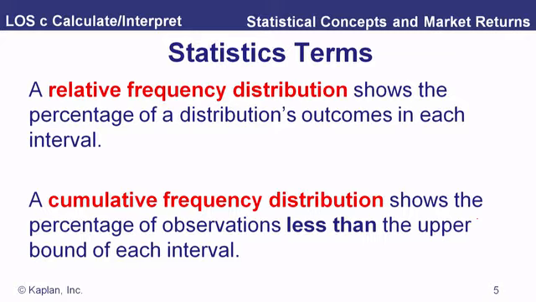So that's a relative frequency distribution, and from that we can also get a cumulative frequency distribution. Now this shows the percentage of observations less than the upper bound of each interval. So it's the percentage of observations that are in that interval or any lower interval. And that's the cumulative part of it.